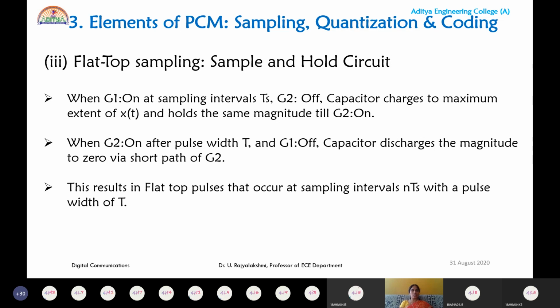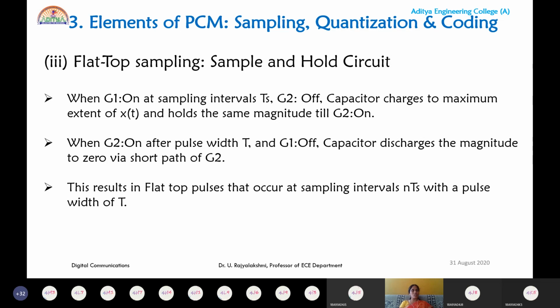That pulse train is multiplied with the analog signal to generate a discrete time signal. So you can call the sampled signal a continuous amplitude sample, because the amplitude is continuous and time is made discrete.